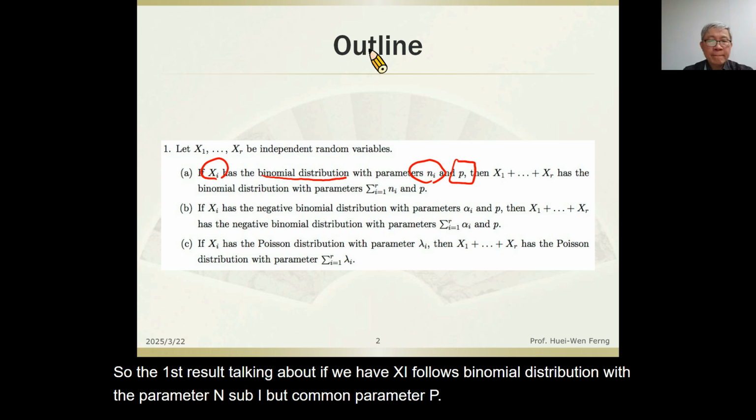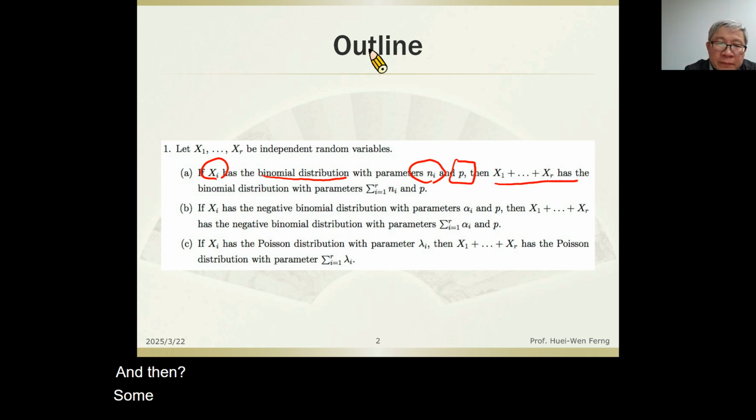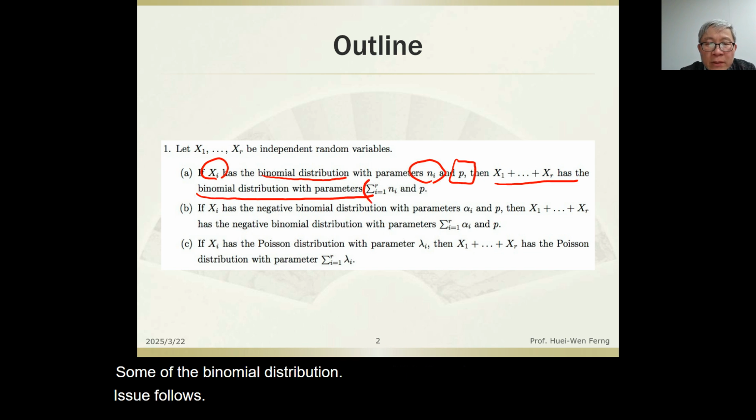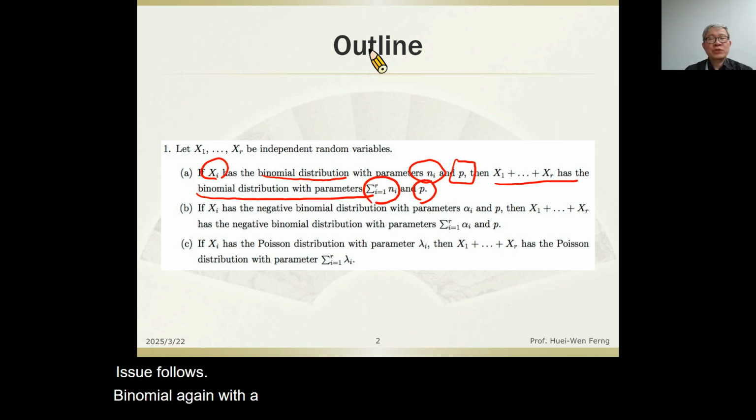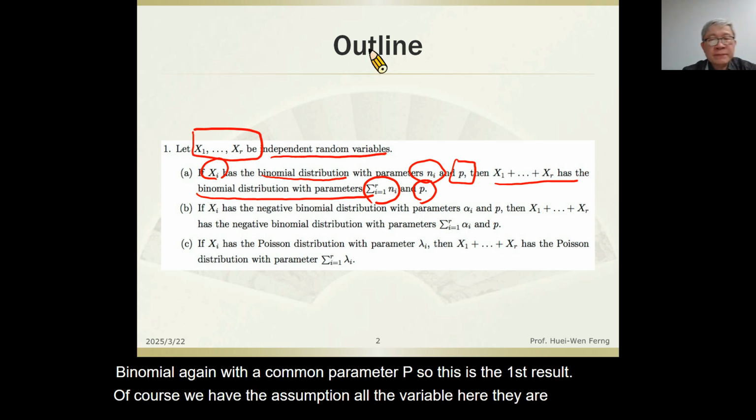Then the sum of the binomial random variables should follow a binomial distribution again with the common parameter p. So this is the first result. Of course, we assume all the variables here are independent random variables.